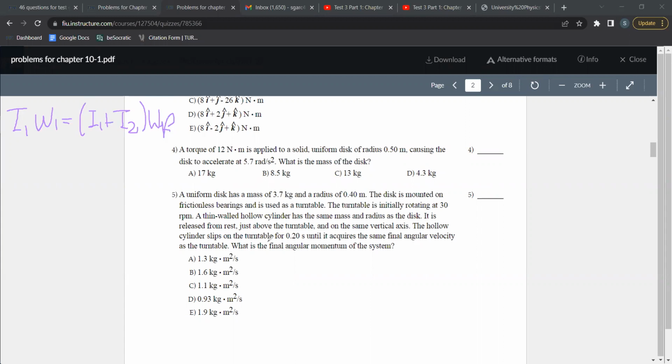So now we're looking for our final angular momentum of the system, and the way we do that is by isolating this variable. So we will get our angular momentum final is equal to our moment of inertia plus our angular momentum initial, over the two moments of inertia.